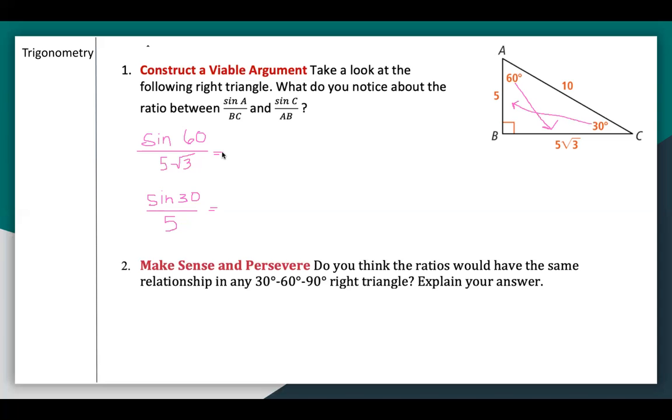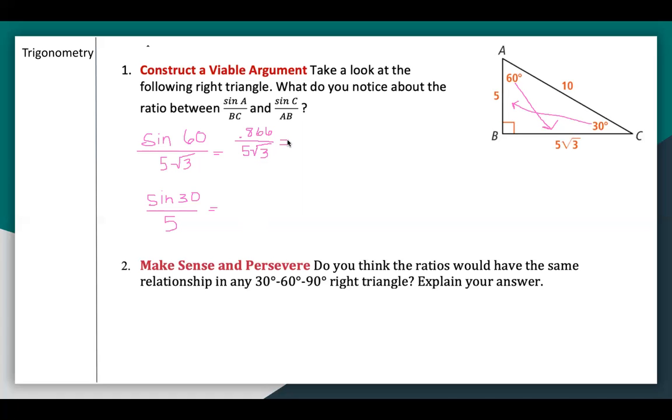Well, if I take a look at this and put this in my calculator to find the exact value of the sine of 60, the sine of 60 is 0.866. If you were doing this on your own or with a partner, you should have gotten the sine of 60 to be 0.866. And we're dividing that by 5 square roots of 3.